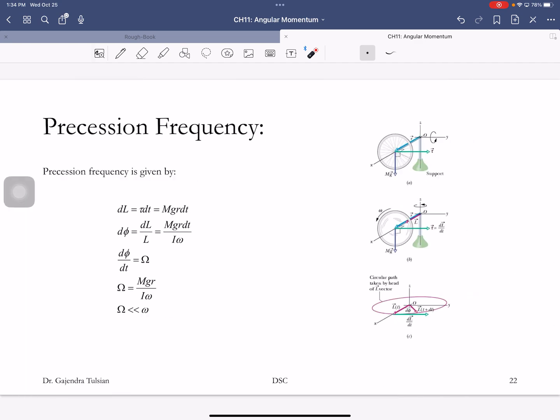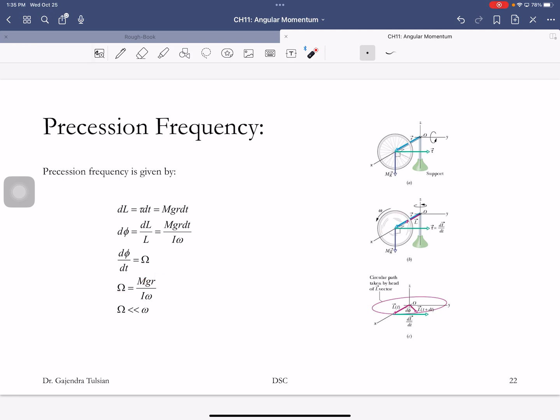Here we are showing the same thing with the bicycle wheels. If you have a bicycle wheel spinning, this bicycle wheel will precess. And capital omega is the precession frequency, the rate at which it's precessing, and that is much smaller than the angular velocity of the wheel.